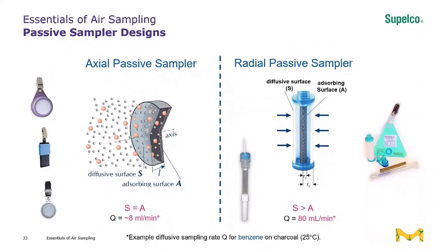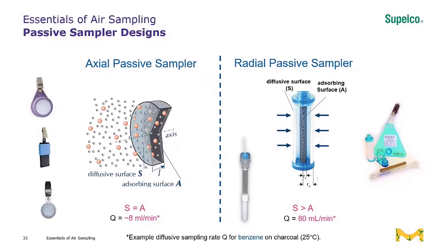And the sampling rate of a contaminant, in this case benzene, on the axial sampler or the badge type, the uptake rate is only 8 mLs per minute. And these are rates published by the designers of the axial sampling devices.